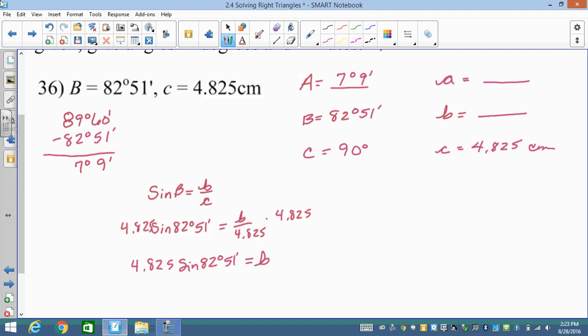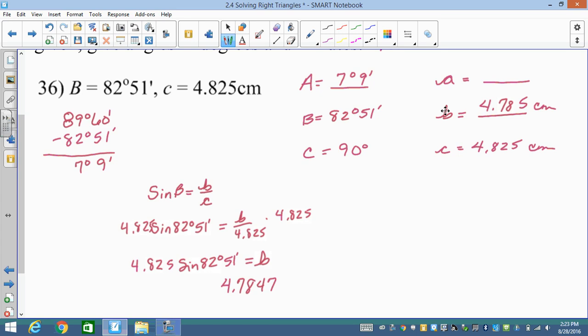Throw that baby into the calculator, and we get an answer of 4.7847. Four significant digits is going to give us 3 decimal places, so 4.785 centimeters. Now, we could use Pythagorean's theorem, but we have to be really careful because these are rounded values, so we may not get the exact number, so I'm going to stick with trig.